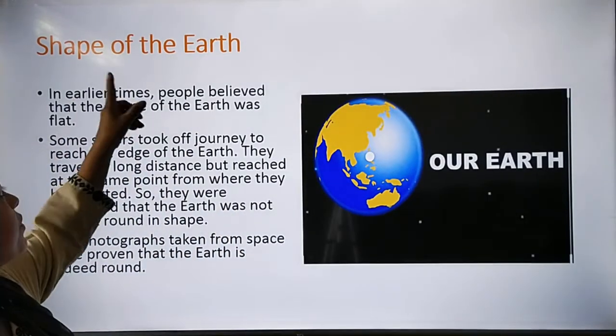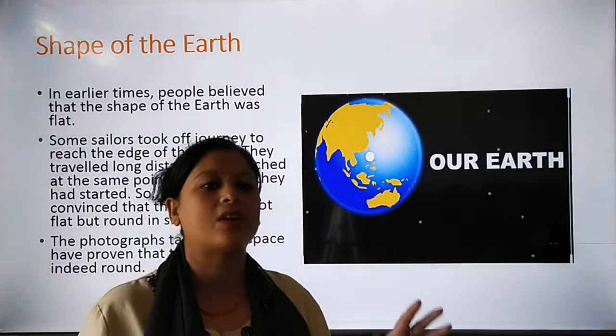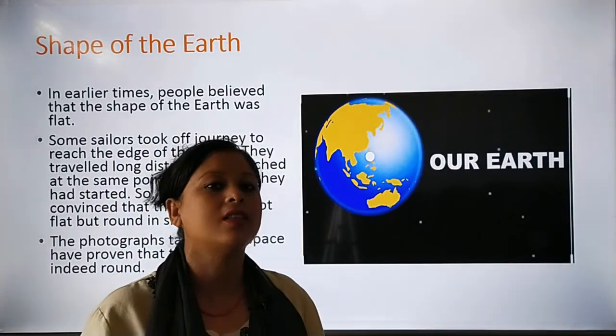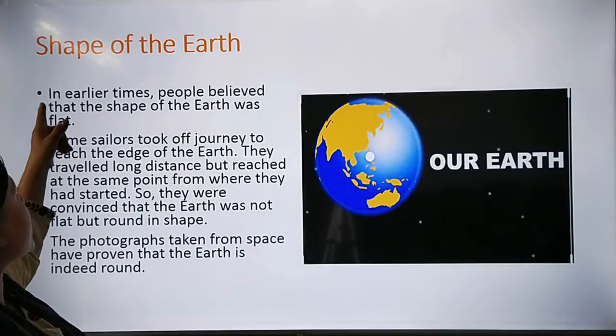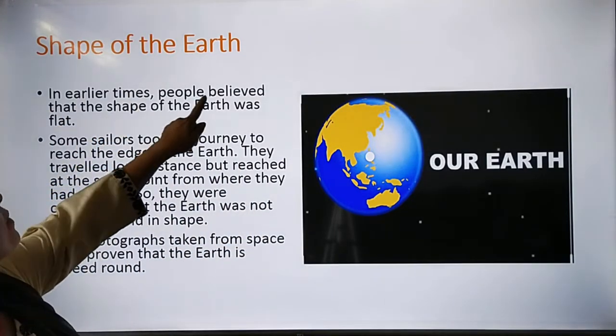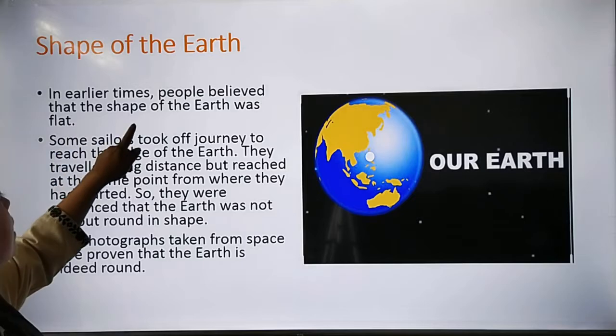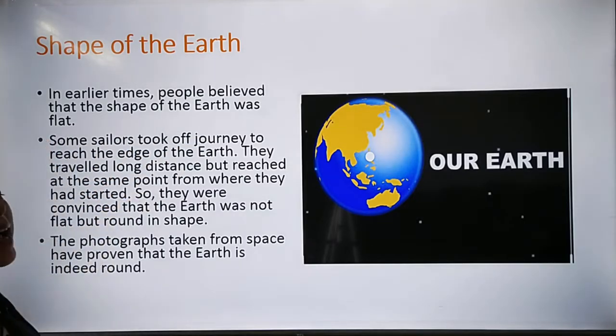Now, shape of the earth. So, you all know what is the shape of our earth? Of course, round, isn't it? In earlier times, people believed that the shape of the earth was flat.